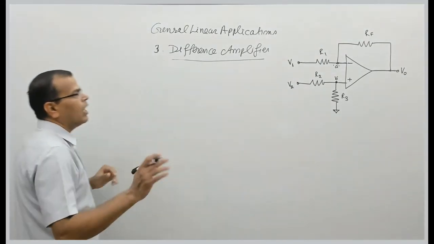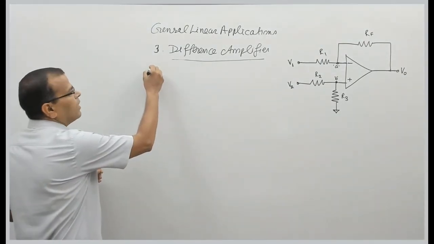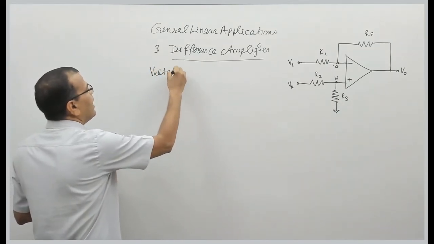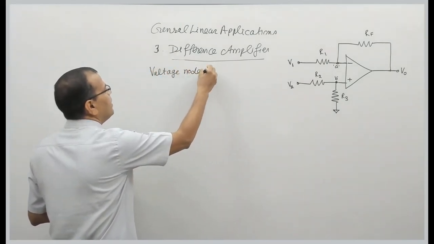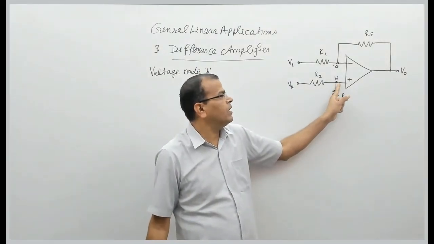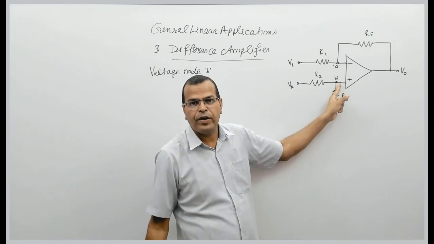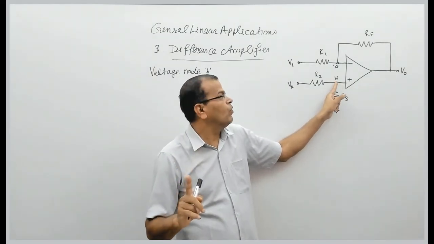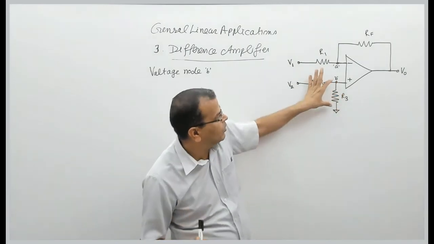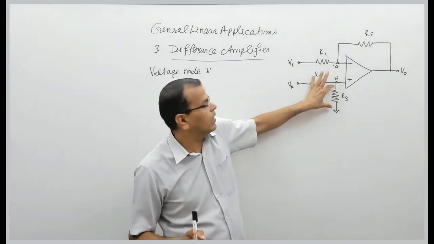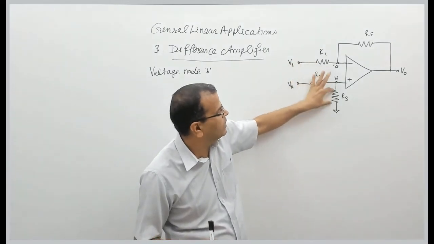Fine. So now, what is the voltage at node B? Please see, if the current here is 0, the current entering the non-inverting terminal is 0 for an ideal op-amp. So the voltage at node B is nothing but the voltage across this resistance, and the voltage across this resistance is R3 divided by R2 plus R3 into V2.